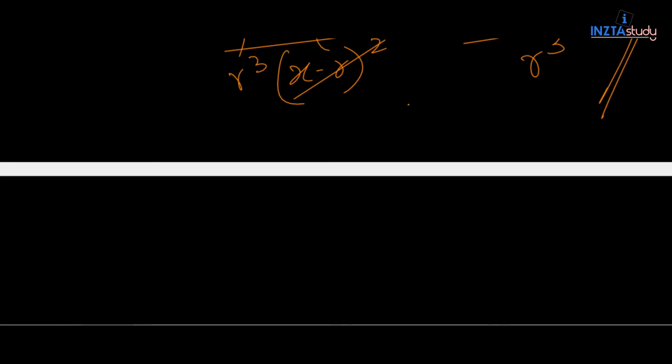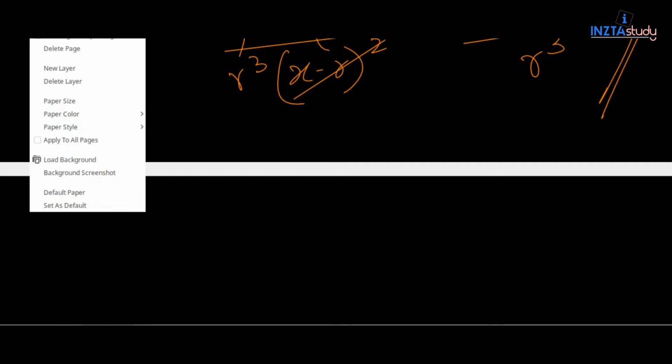So next is subdivision B. So in subdivision B, we take x between r and 2r, where 2r is the diameter of the smaller sphere.